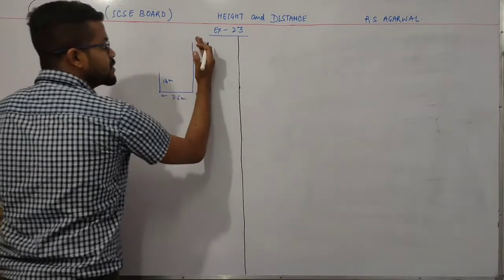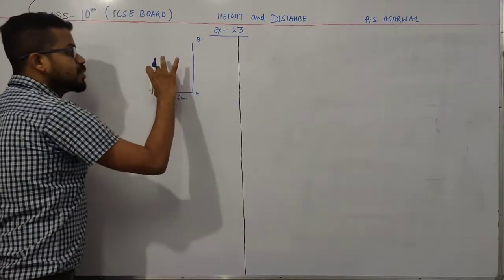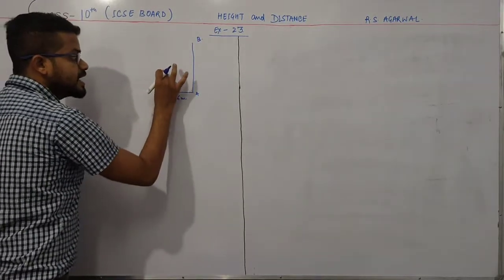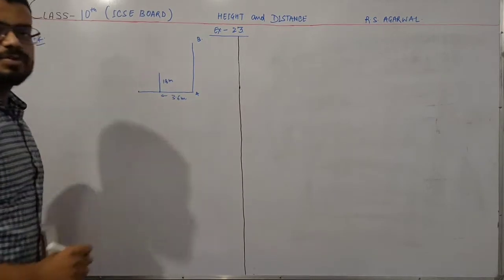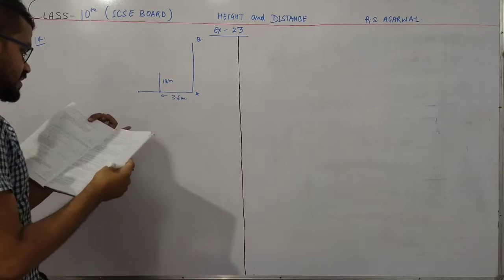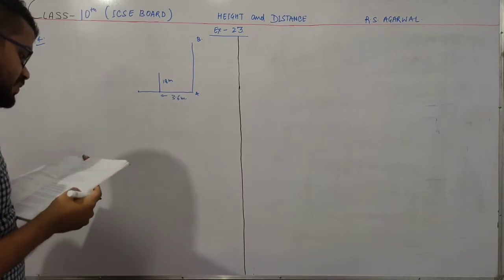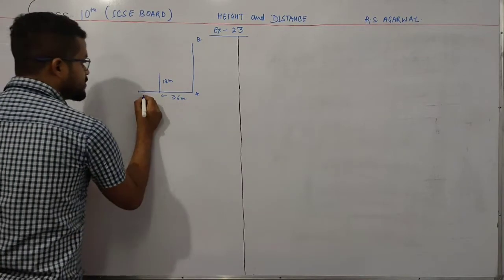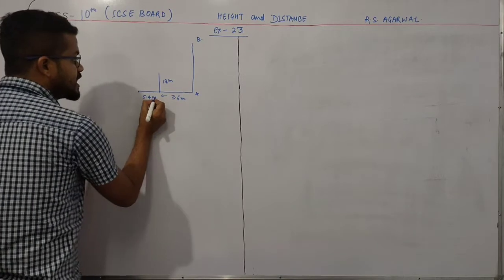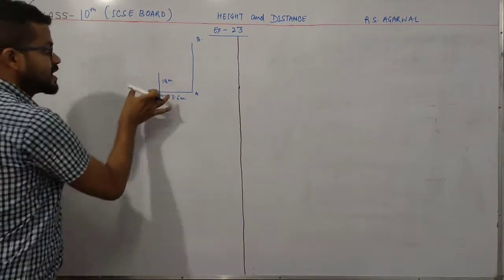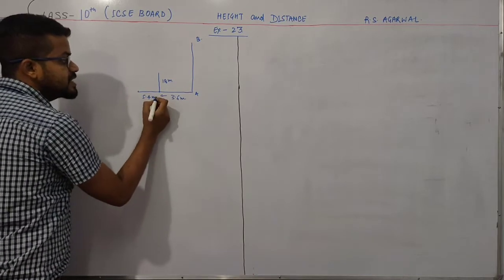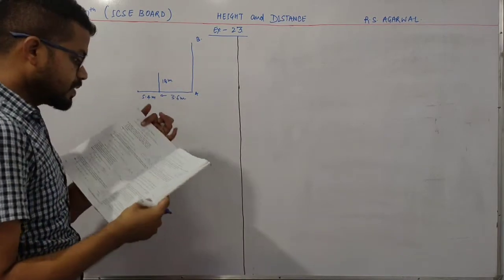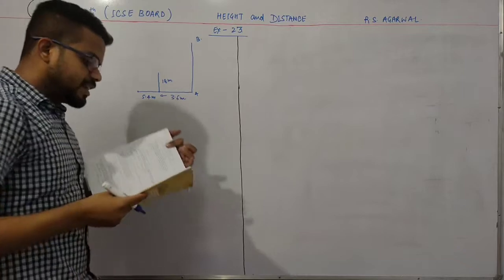If the lamp post is here and a boy is here, his shadow is always at the back side of the tall boy. The length of the shadow is 5.4 meter, as given.